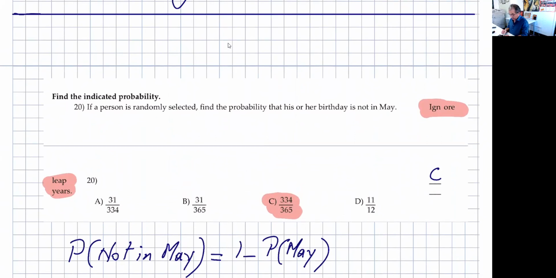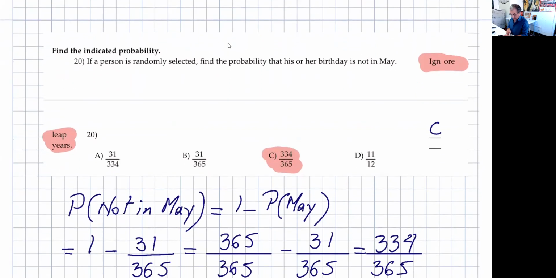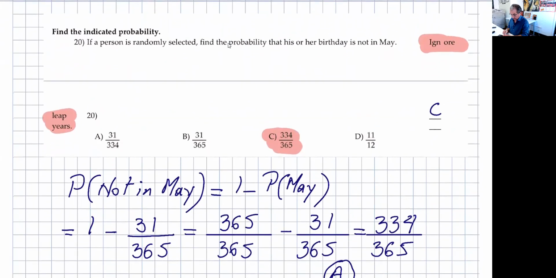And May is 31 days again. So it's going to be 1 minus 31 out of 365. You can write that as 365 over 365 minus 31 over 365. So the answer is 334 over 365, and the answer is right here.